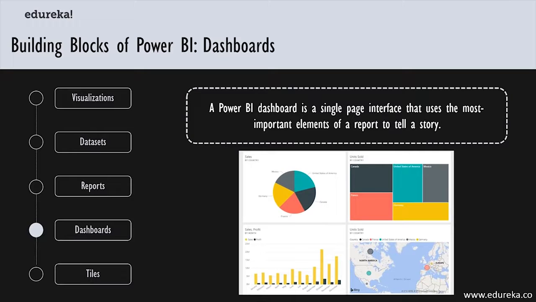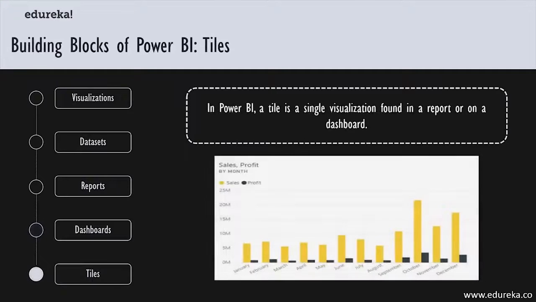Now, because this is limited to just one page, a well-designed dashboard contains only the most important elements of that story. The visualizations you see on the dashboard are called tiles and are pinned to the dashboard from reports. In Power BI, a tile is a single visualization found in your report or on a dashboard.